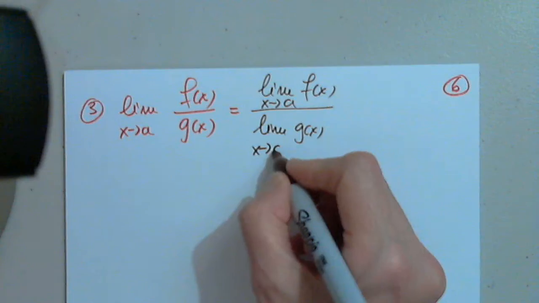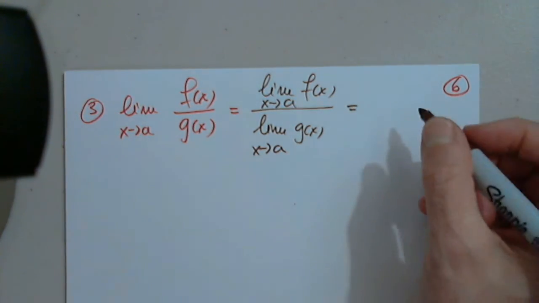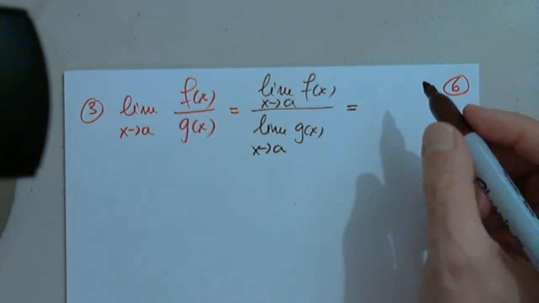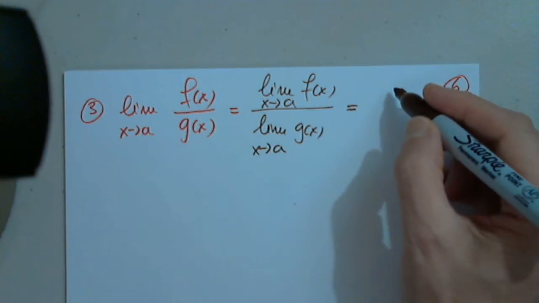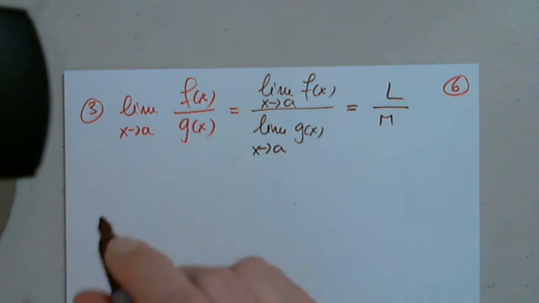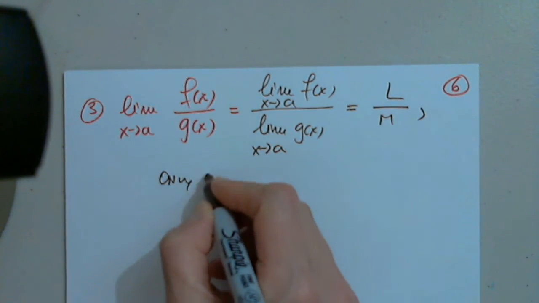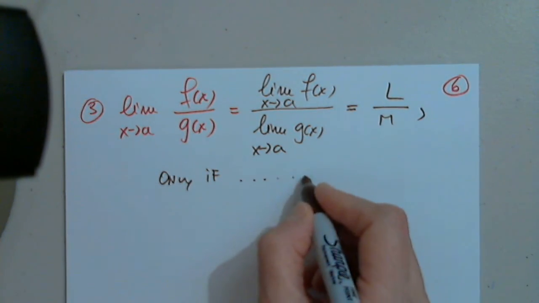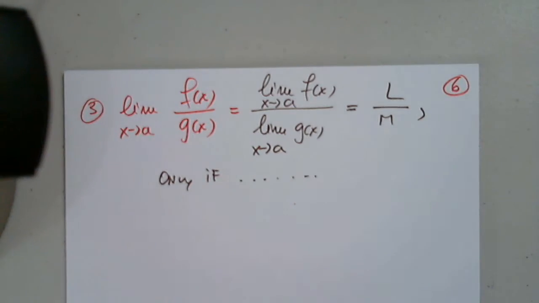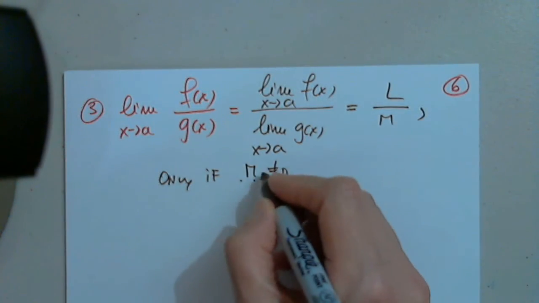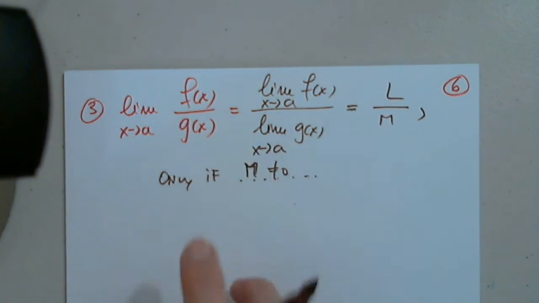Excellent. Good. And then L divided by m, only if what? M is not equal to 0. Or the limit of this does not equal 0.